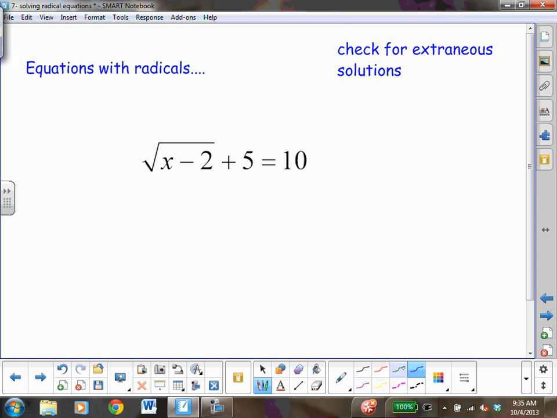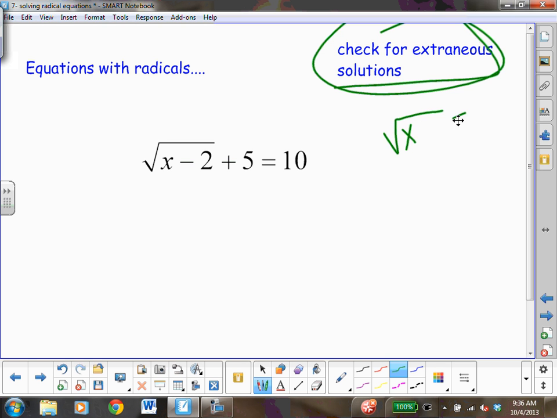Whenever I have an equation with a radical in it, I have to be aware of extraneous solutions. Just like absolute values, radicals can't be equal to a negative number, because that gives me an imaginary number. So if I'm ever in a situation where I have a radical equal to -1, that's not possible. So I would not have a solution for that situation.